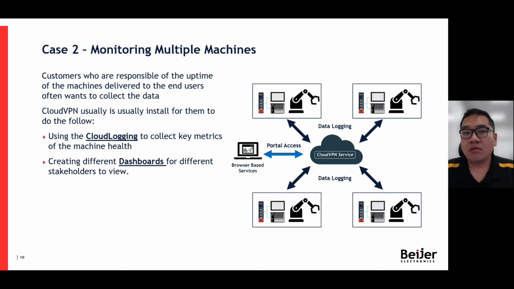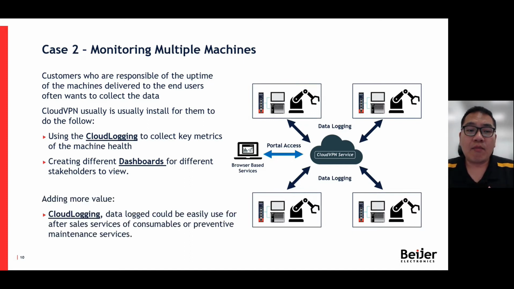Whereas the sales, manufacturing or logistics department might be more interested in dashboards showing how much they have produced, what the average production rate is, things like that per machine. So having the ability to create different dashboards and assign them to different stakeholders is also a very flexible and very well-liked solution for all our users that have been using the CloudVPN.